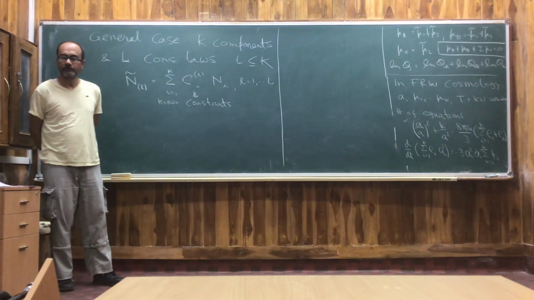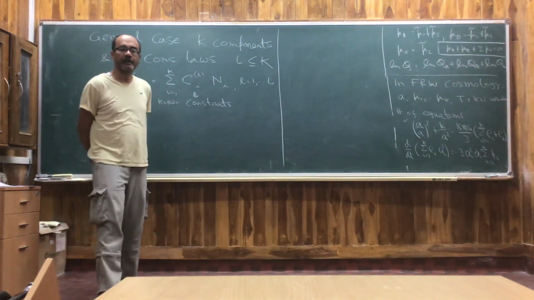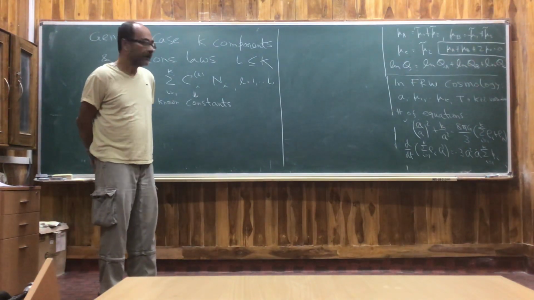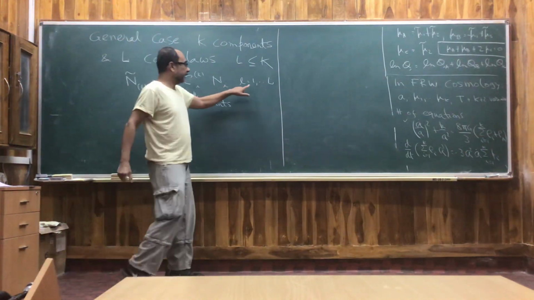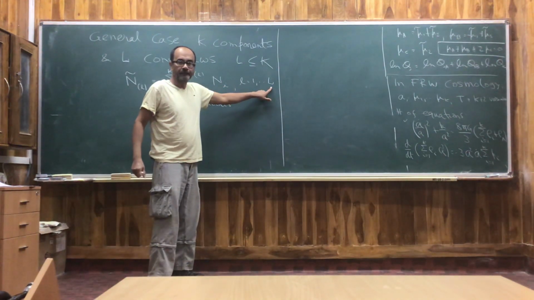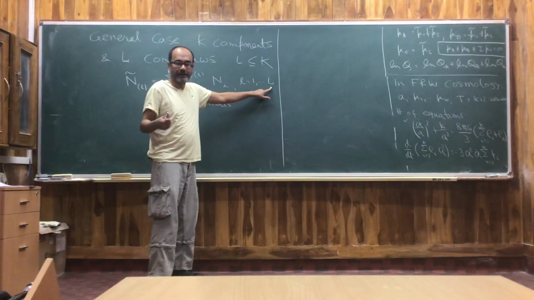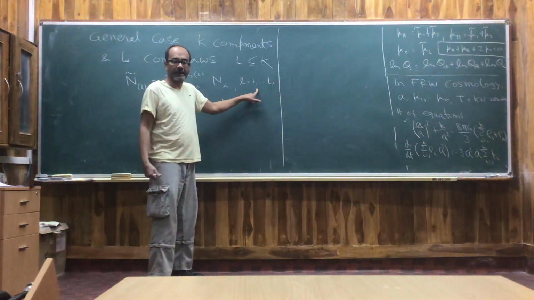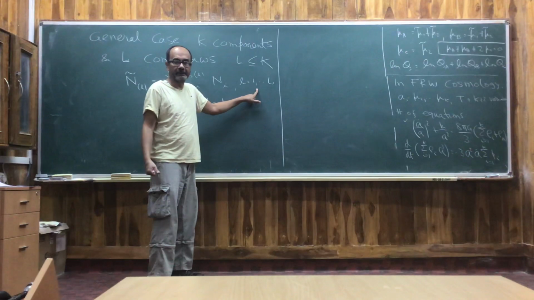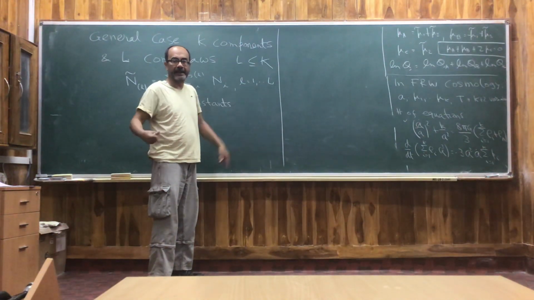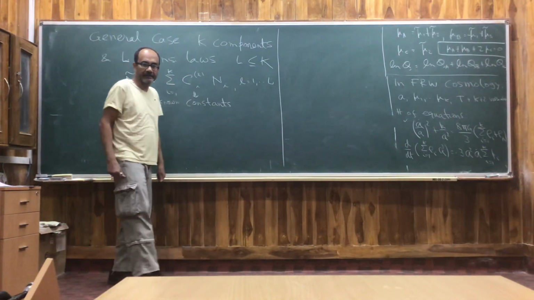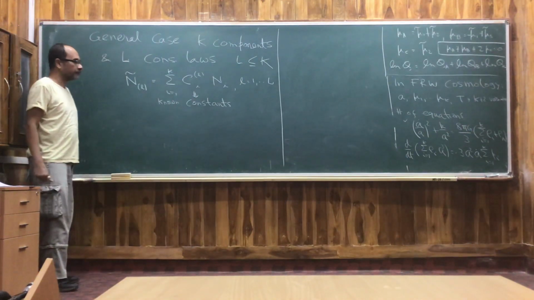What does this small l signify? Small l is a label that there are L conserved charges. We have to use a label for those. So l equal to 1 is the first conserved charge, l equal to 2 is the second conserved charge, and l equal to capital L is the Lth conserved charge. That's what it means. Is this clear?